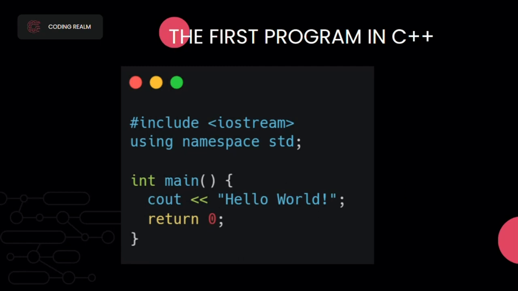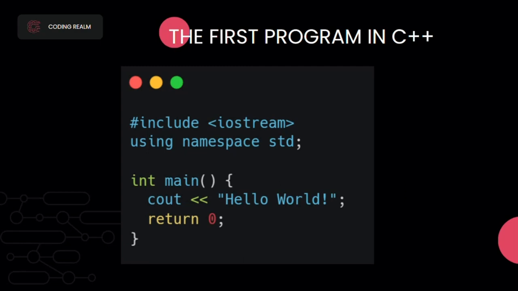The first line, include iostream, is a header file library that lets us work with input and output objects, like the cout here. I use cout. iostream is the main input output stream. The line 2, using namespace std, means we can use names for objects or variables, for example, from the standard library. We will see the standard library in the next videos. The line 3 is a blank line.